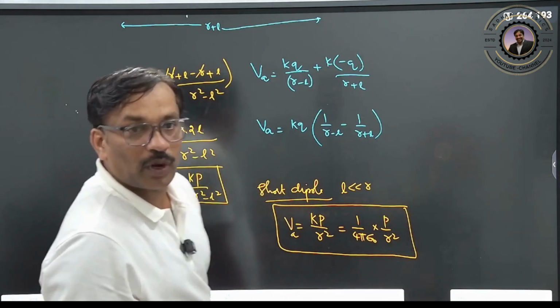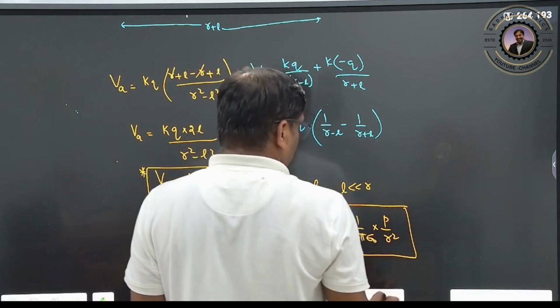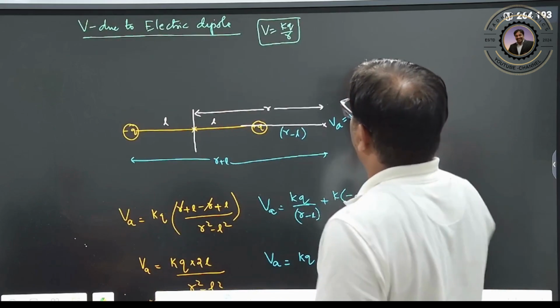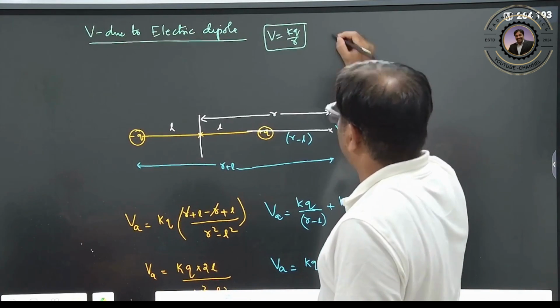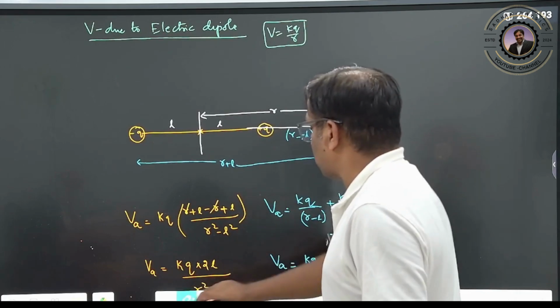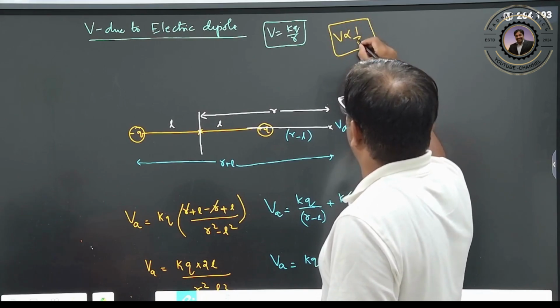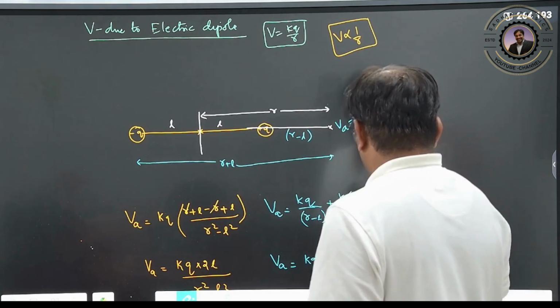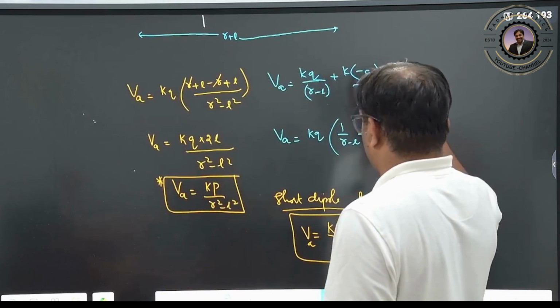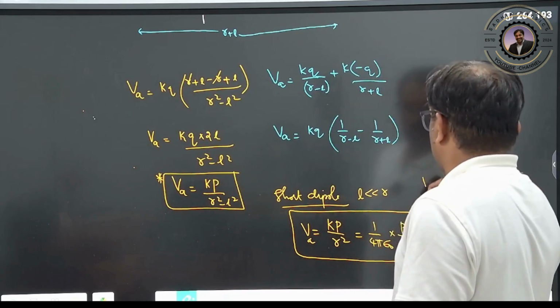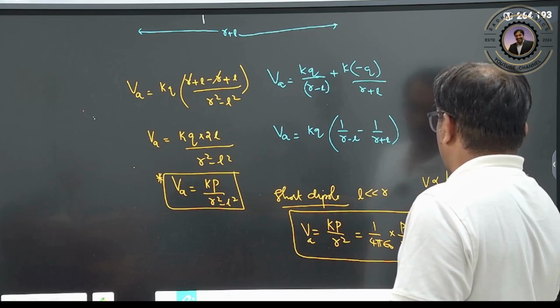One interesting point here: what is the potential due to a point charge? The potential due to a point charge is inversely proportional to the distance. Therefore the potential due to this dipole is inversely proportional to the square of the distance.